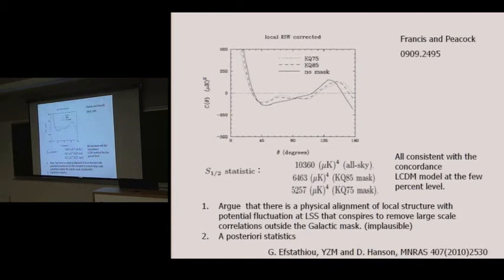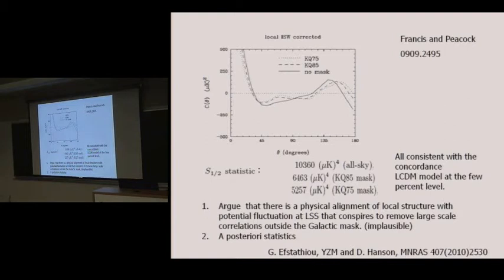So it means that if you originally get a map with ISW already corrected, then you plot the C of theta function, and you see appropriate strength on different scales, then you wouldn't invent such a statistic to characterize the significance. Unless you really want to argue that there is a physical alignment of the local structure with the potential fluctuations at the last interface.